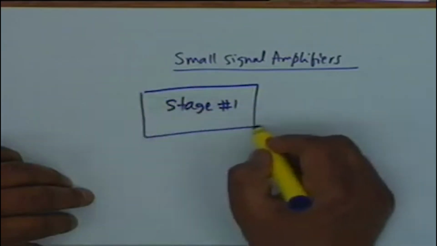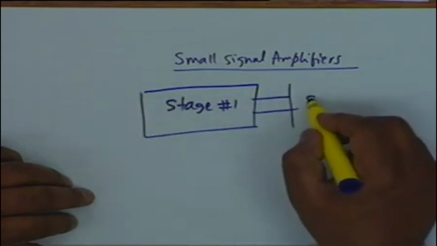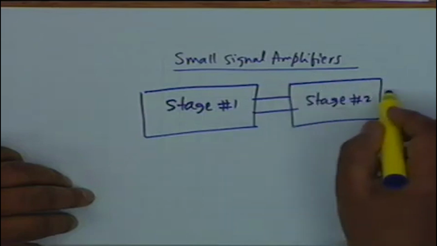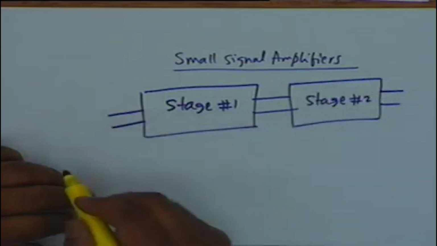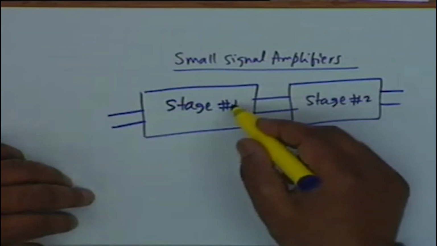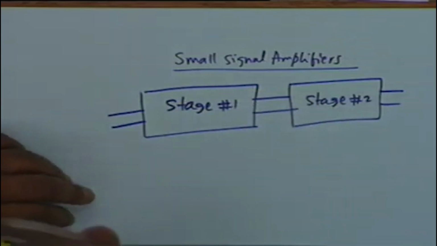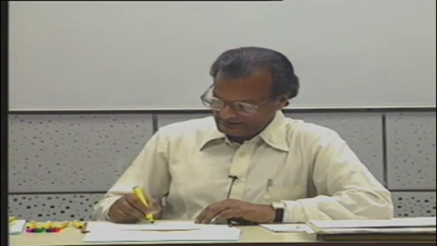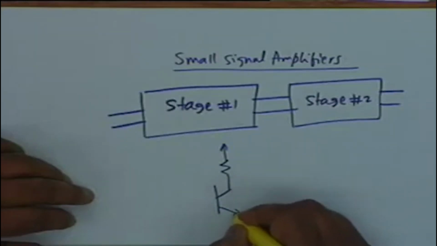Stage 1 to stage 2, when one transistor is not enough for gain, you may have to use multiple transistors, and the way stage 1 is connected to stage 2 is technically called coupling, which is obvious. It could be stage 1 to stage 2 or stage 1 to the load, for example.